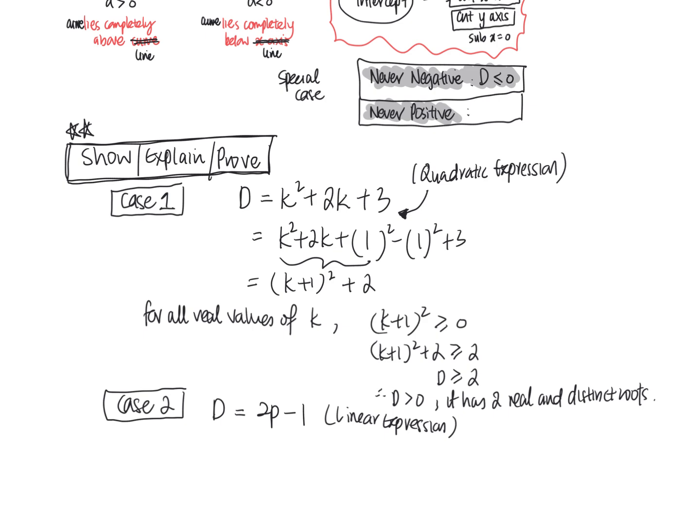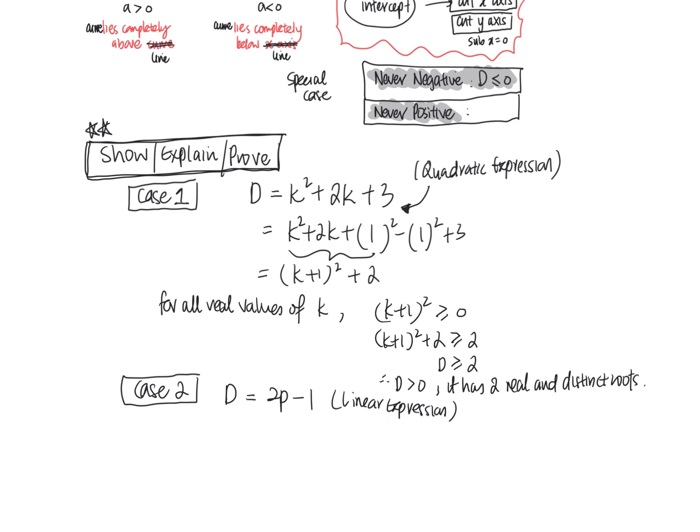You can't lead the question to any conclusion. But I'm very sure somewhere in the question, they will give you, for example, given that p is greater than half, some inequality which you can use. So you have to use that from the question. This will be given in the question, and then you have to use that to help you prove.